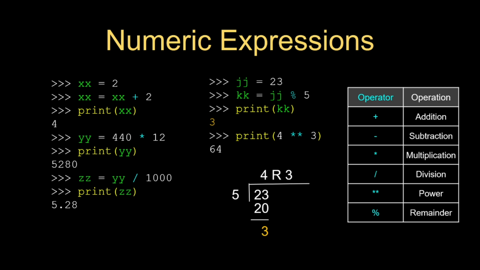Okay? So 20 divided by 5 results in a whole number. Now 23 minus 20, okay, what is left is 3. Okay? So we say that the remainder portion of 23 divided by 5 is 3.